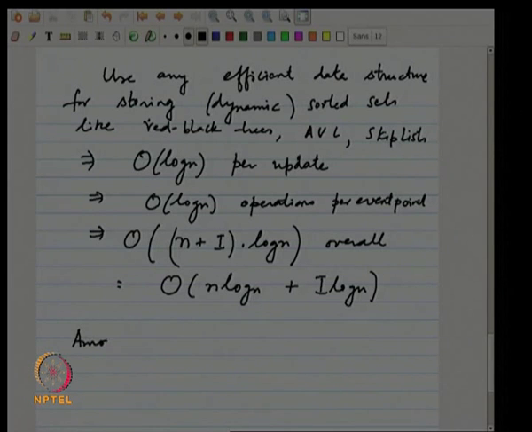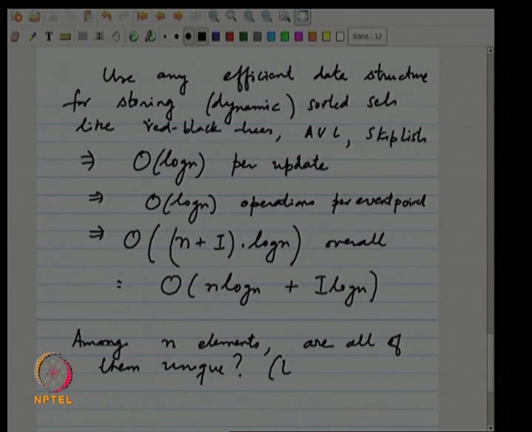It is like if I give you n numbers and ask you, are there two numbers that have the same value? This is a very basic fundamental question. Among n elements, are all of them unique? It is called the element uniqueness problem.